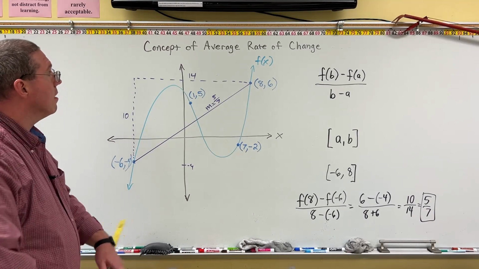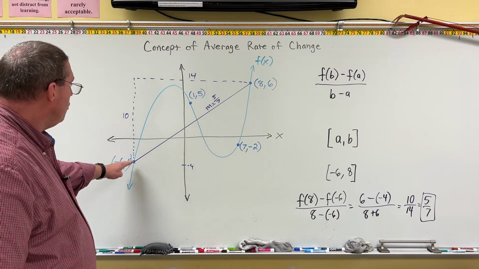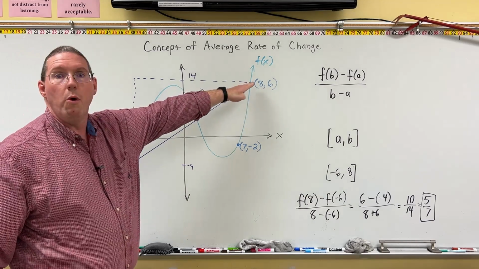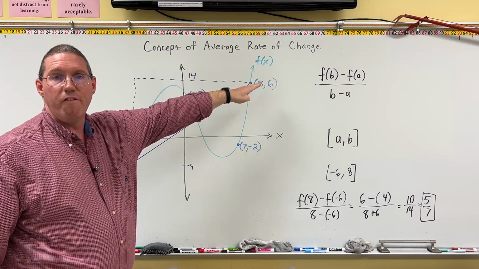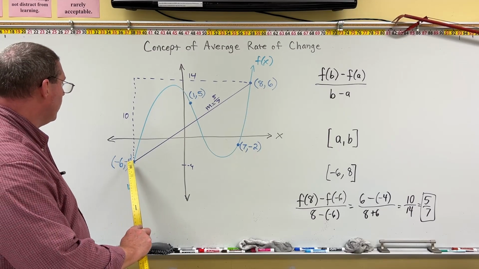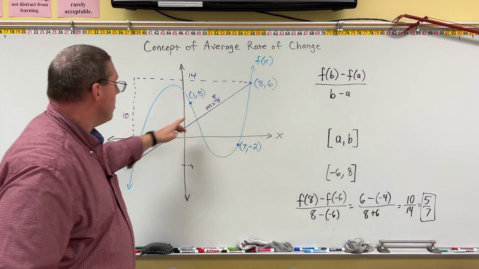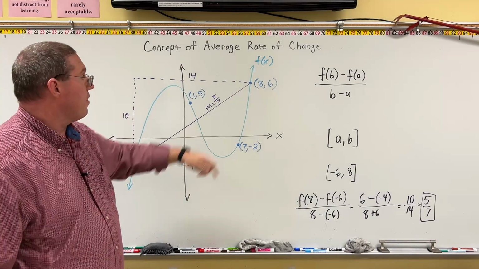And so what I'm saying is that the concept of the average rate of change is, if you were to connect the 2 points on the graph of the function you're dealing with with a straight line, the average rate of change very simply is the slope of that line.